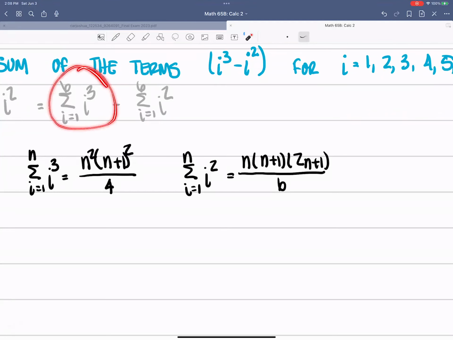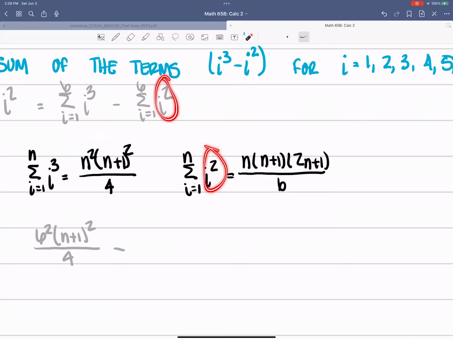And now looking at this, i goes from 1 to 6, i goes from 1 to n for i cubed. So everywhere we see an n here, we're going to plug in 6. So we have 6 squared times 6 plus 1 squared all over 4, minus, looking at i squareds, i goes from 1 to n, i goes from 1 to 6.